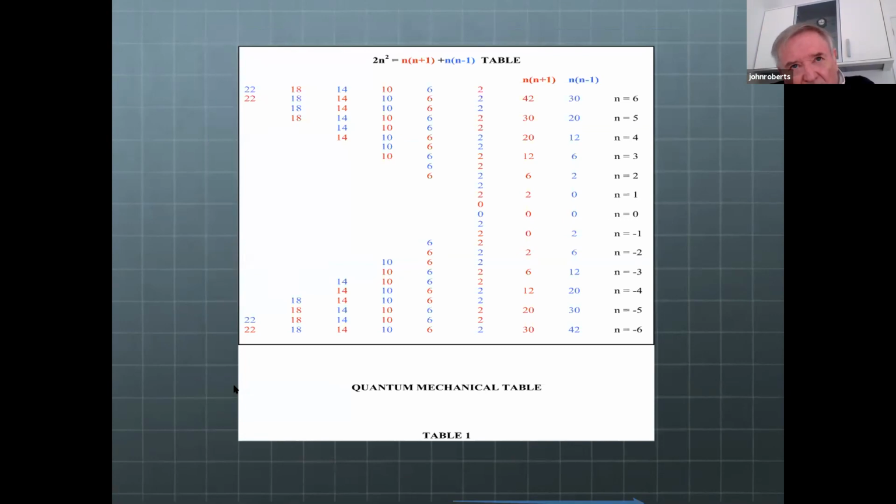Now, the structure of the electrons follows a 2n squared formula. But one of the theoretical researchers at one of the conferences suggested that, in fact, it's broken down into two parts, which I've written in red here, the n(n+1) and the n(n-1). And the n(n+1) represents the periodicity property, and the n(n-1) represents the compactness.